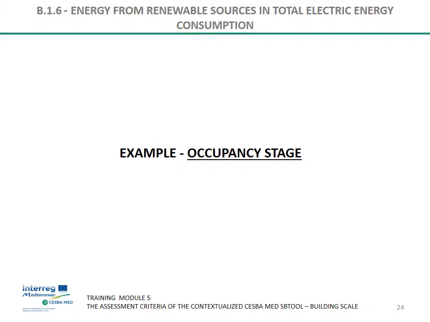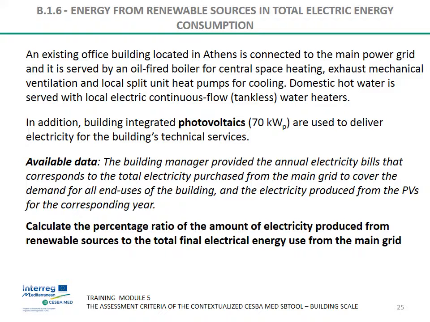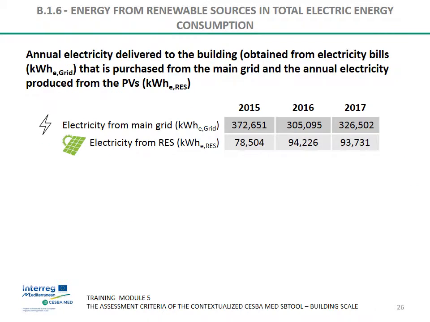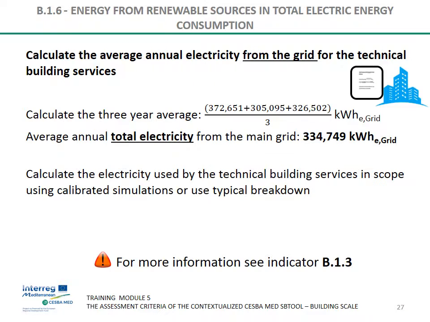Another example at occupancy stage. In this case we have actual metered data. So we have the meter data from the grid, the meter data from the photovoltaics for 3 years. We perform an average for the grid energy consumption.